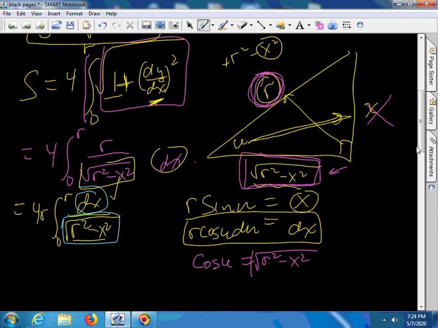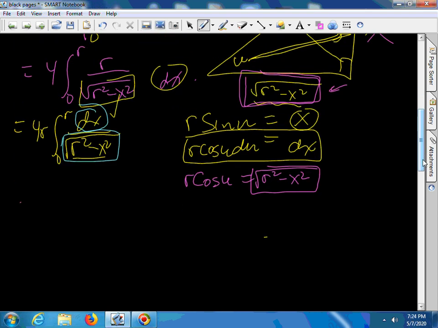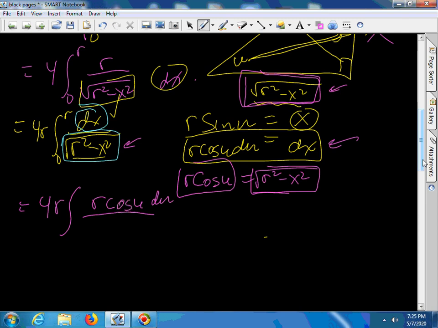Instead of dividing by r, I'll multiply the other side by r. So now, for the integral, dx on top is r cosine u du. In the bottom, I have the square root of r squared minus x squared, which is r cosine u, which is really nice because everything cancels out.